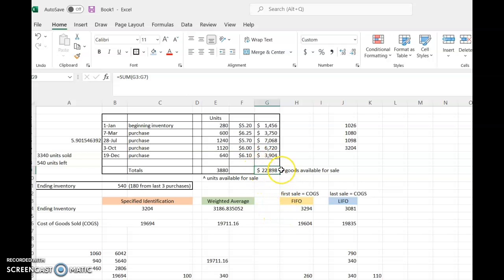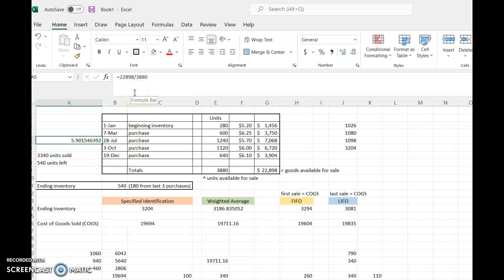Moving on to the weighted average for the cost of goods sold, you start off by taking the goods available for sale dollar amount, the total there, divided by the total number of units down here. I have actually done this already up here.